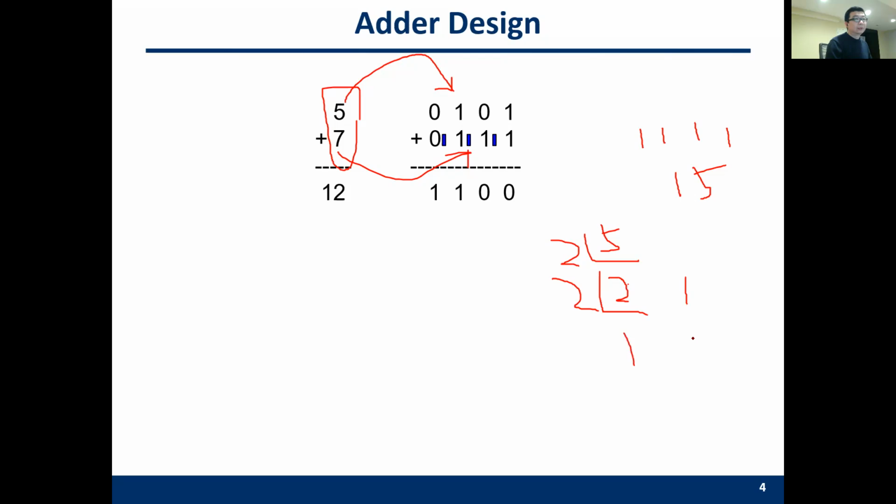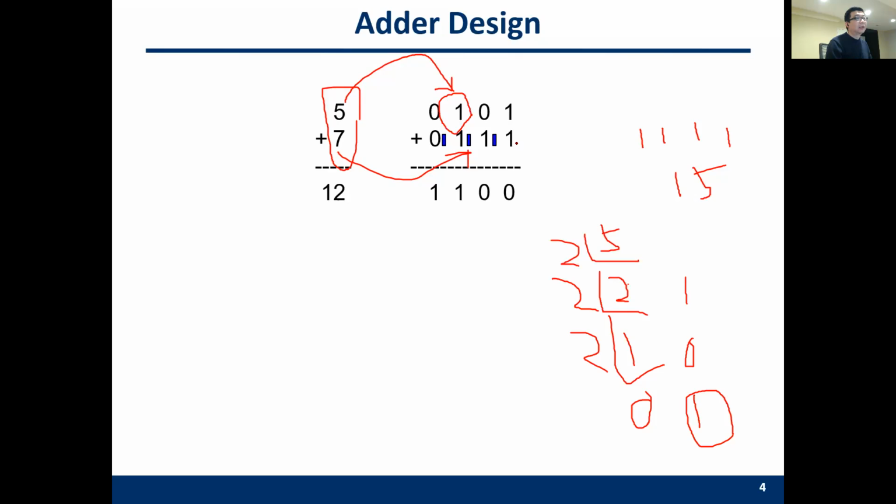Result is 1. Remainder is 0. And then you continue to divide it by 2. Result is 0. Remainder is 1. So this is 1, 0, 1. The last one here is the most significant bit, which is this one. By the same algorithm, you can convert 7 to the binary representation.